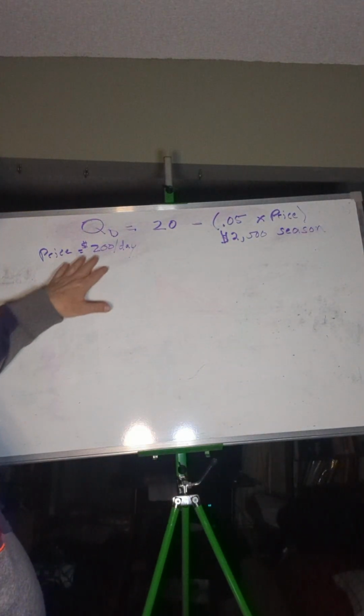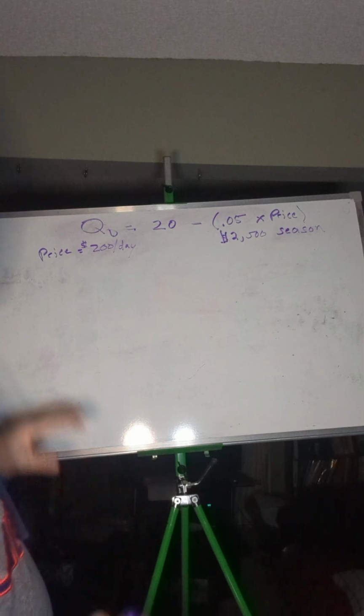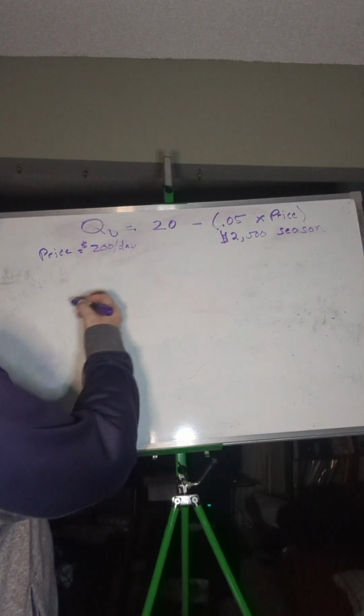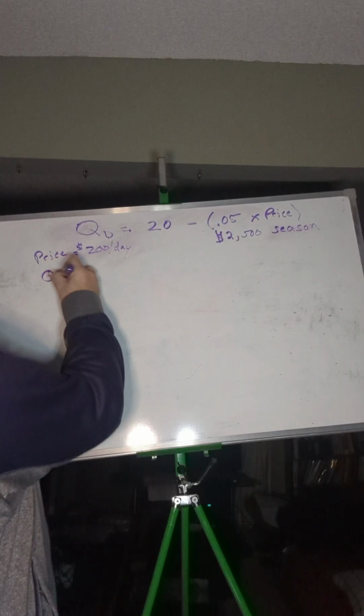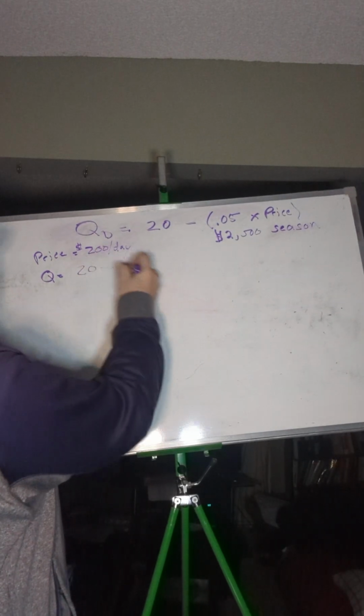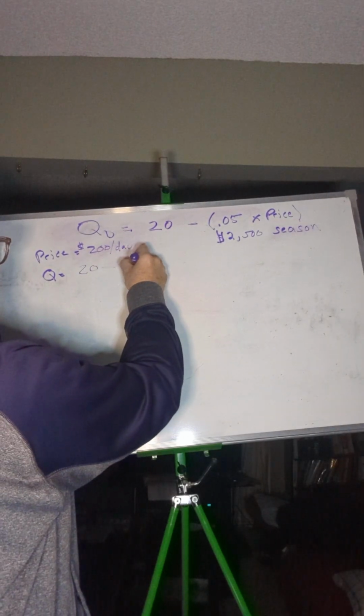Well, first of all, we can see that if the price was $200, the quantity of skiing would be 20 minus 0.5 times 200, which is 10.